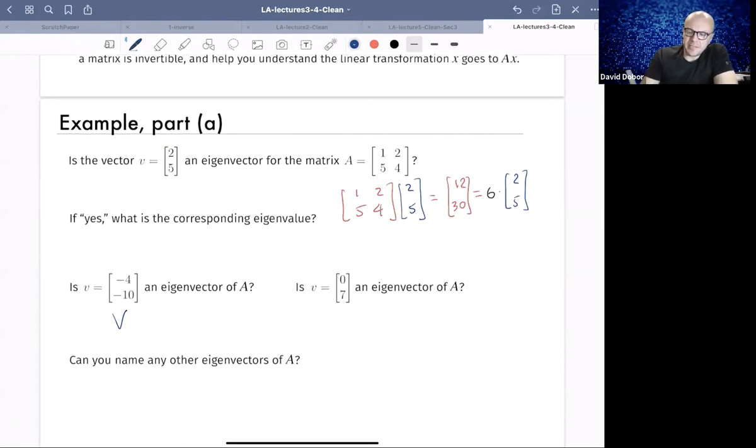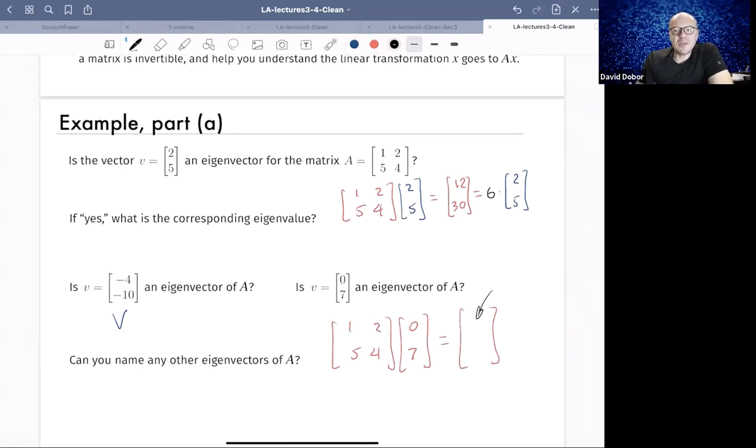Is (0, 7) an eigenvector? So [1, 2; 5, 4] applied to (0, 7), can that be an eigenvector? Well, first of all, I get something non-zero here in this position. In fact, I get 0 plus 2 times 7, 14 in that position. But all I care about is to say this is non-zero. What do I get in this position?